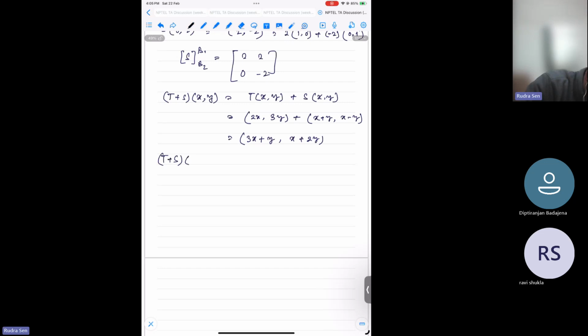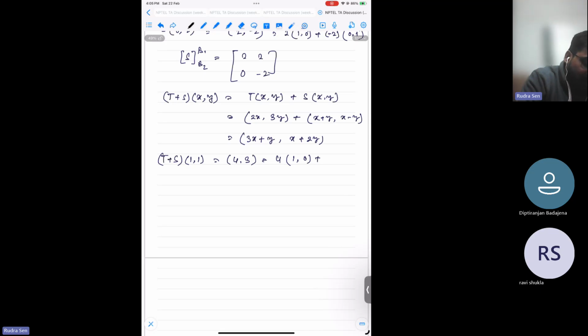Now we have to do this whole thing for T plus S. (1, 1) in the domain space, we can represent it as (4, 3) in the codomain space.